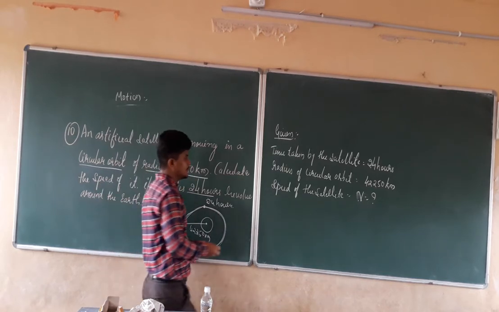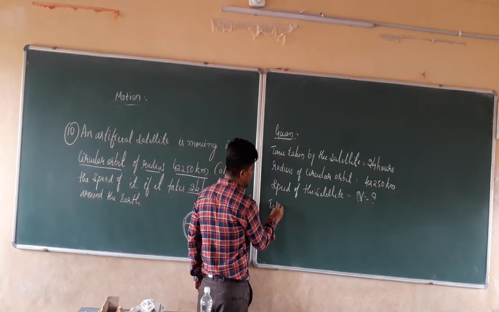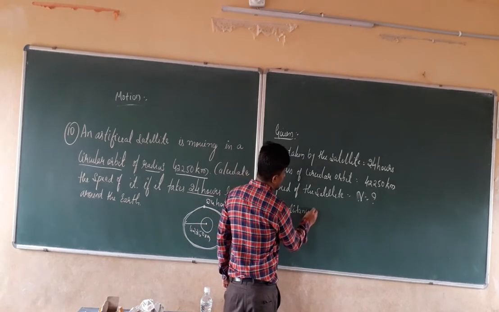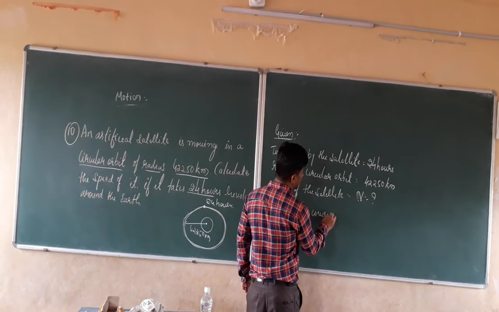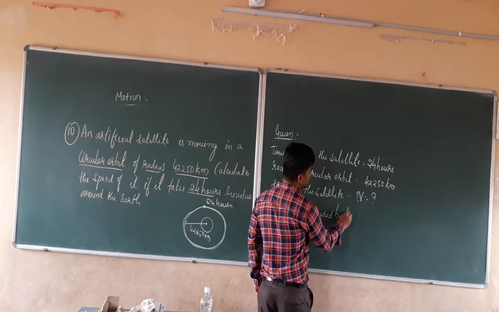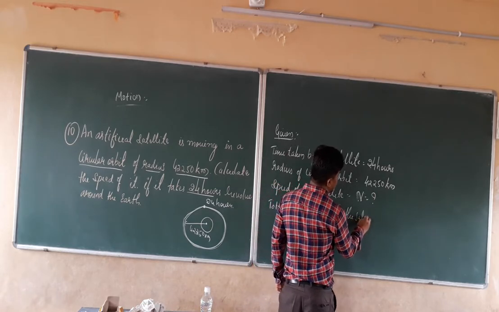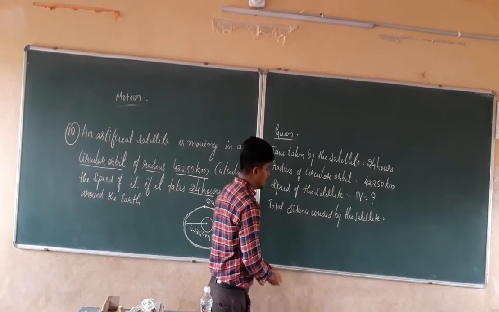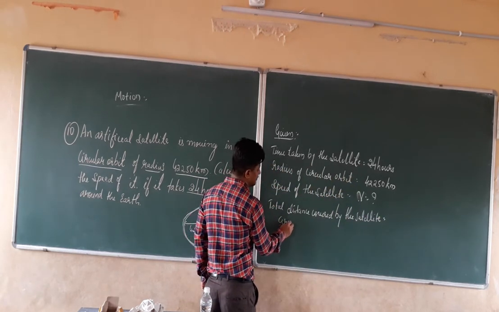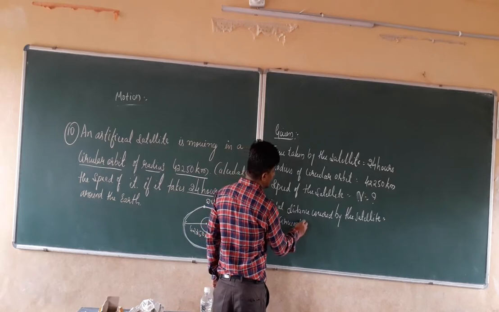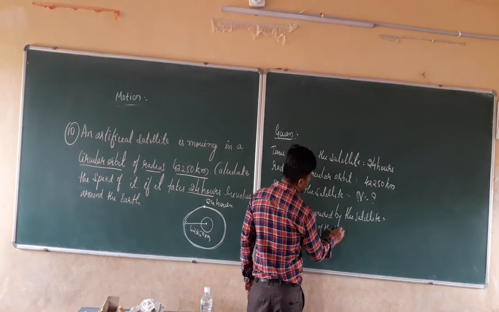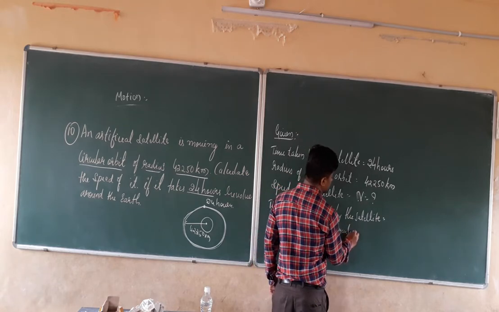So the total distance covered by the satellite is equal to the circumference of the circular orbit.